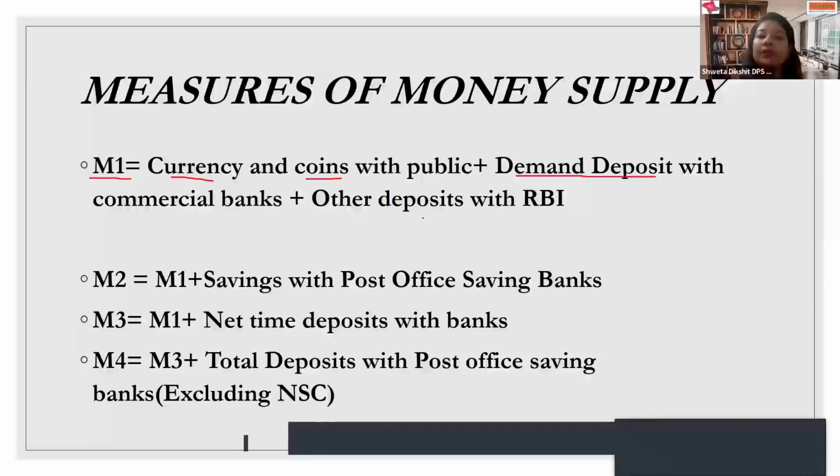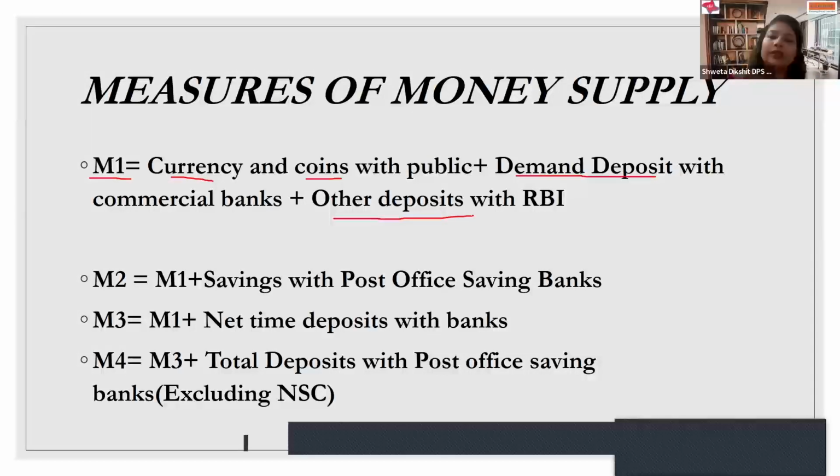And the other deposits with the RBI. There are certain deposits of the consumers only, like sometimes NRIs depositing their money with the RBI, or there are certain deposits like CRR, SLR deposited with the RBI. So in short, other deposits with the RBI are also included in M1.